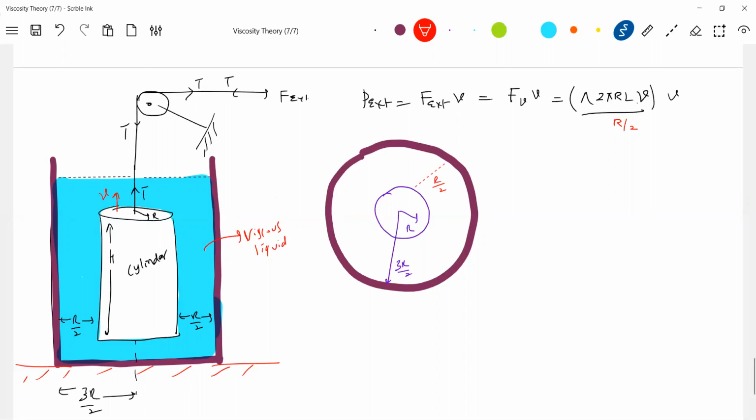So if you look at every point of the cylinder, the surface of the cylinder will be at a distance R by 2 from the vessel. This is the vessel. This is the cylinder. I think we have to be a little bit careful. And this is the liquid. Fine. So do observe plane diagrams and 3D diagrams. You can analyze it better.